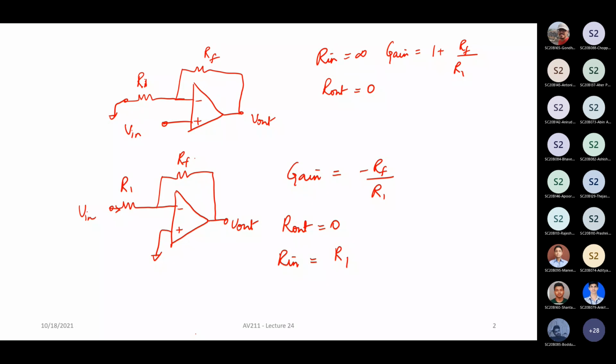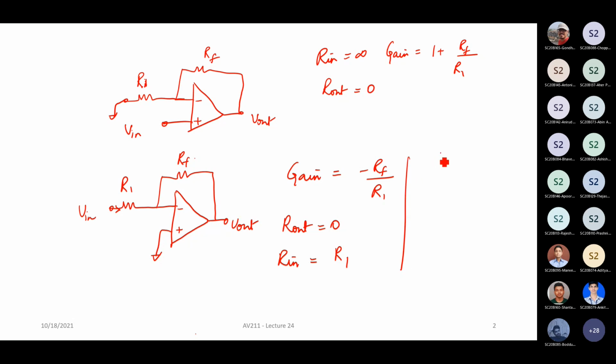Now, here you see that there is a significant disadvantage when you talk about an inverting amplifier. What is the disadvantage? That the input impedance is nowhere close to infinity. Okay? And especially, let's say you want to have a gain of 100.